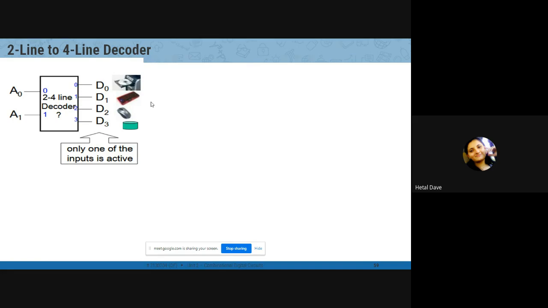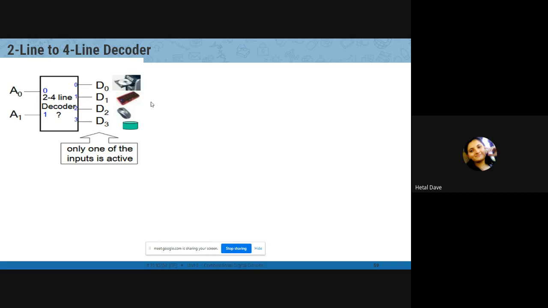So can anyone tell me, if I want to turn on the keyboard, which input combination should I give? Right now, A0 is LSB, A1 is MSB. So 1, 0. If I want to start this green color device, which combination should I give at the input? It depends on the number.